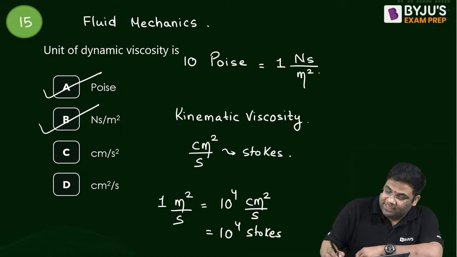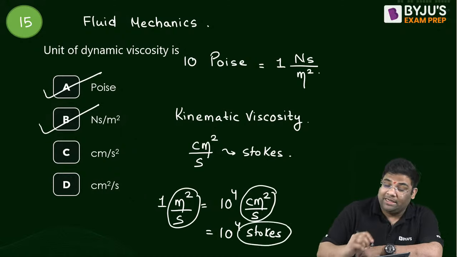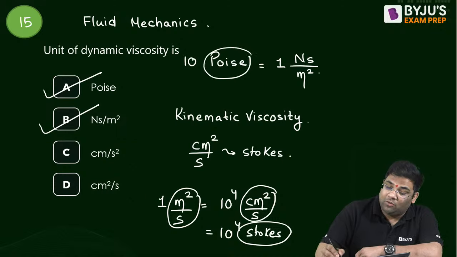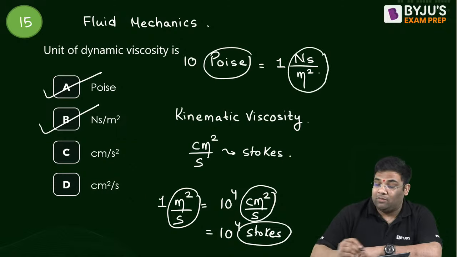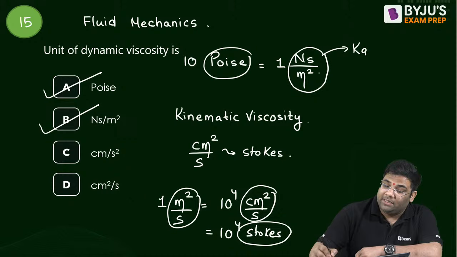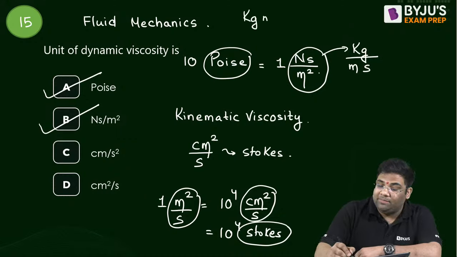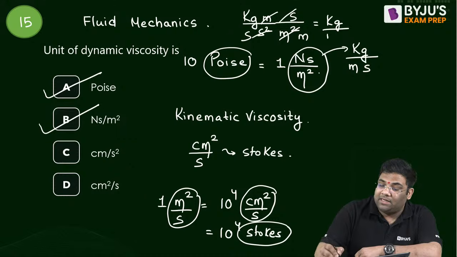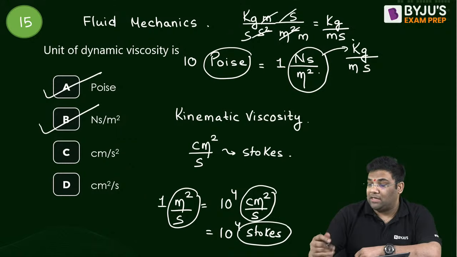So for kinematic, the unit is centimeter square per second, meter square per second or Stokes. For dynamic, it is either poise or Newton second per meter square. This can also be written as kg per meter second, because Newton is kg meter per second square, then second and meter square get cancelled, giving kg per meter second. They can ask all these units of viscosity, so you should know them.